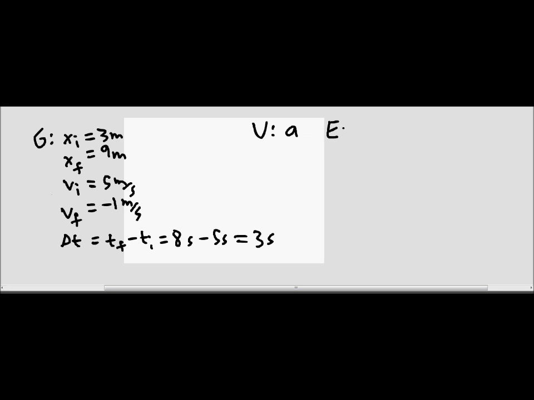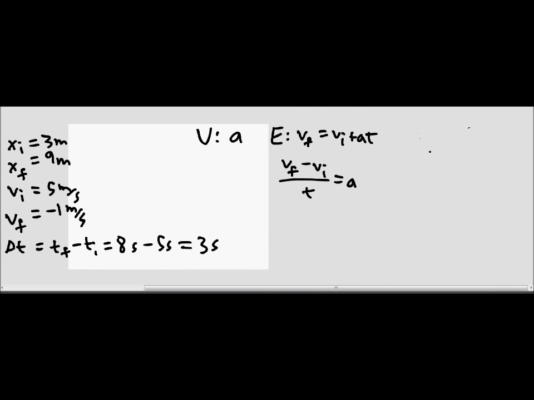So for starters, I'm going to use the equation that is velocity final is equal to velocity initial plus acceleration times time. To convert that to our working equation, we have velocity final minus velocity initial, divided by time, is equal to the acceleration.